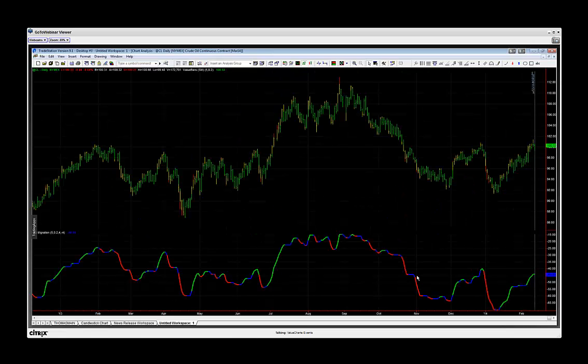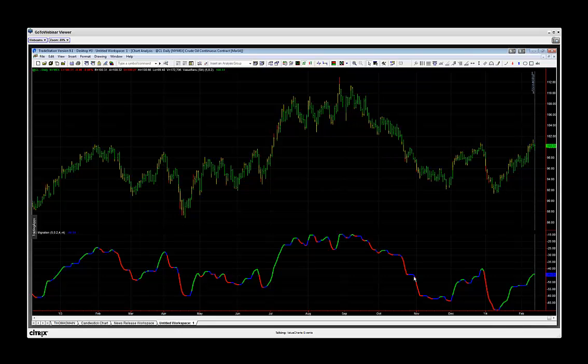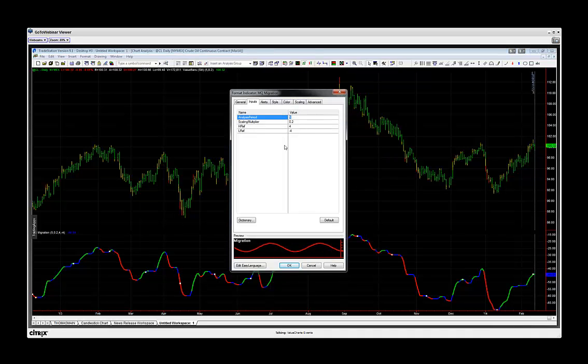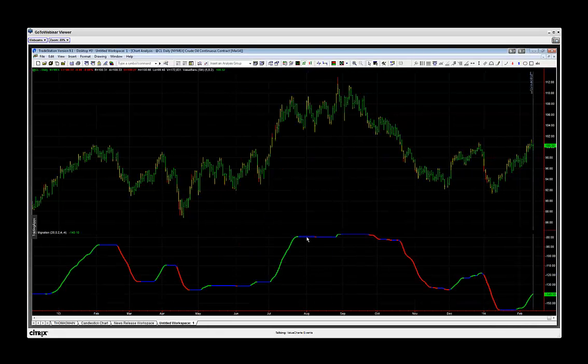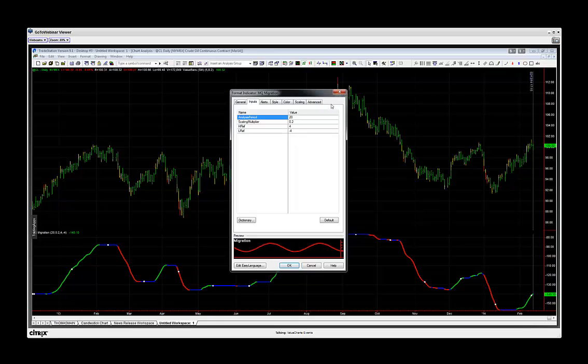When it's blue, that means it's moving sideways. It's in the correct fair value zone. When it's green, it's having a value migration to the upside. And this is one of the reasons why I like using a longer analysis period on here, like a 20. You can see this will give you a little bit more of an understanding of when the value migrations are going to occur when you have the longer analysis period.